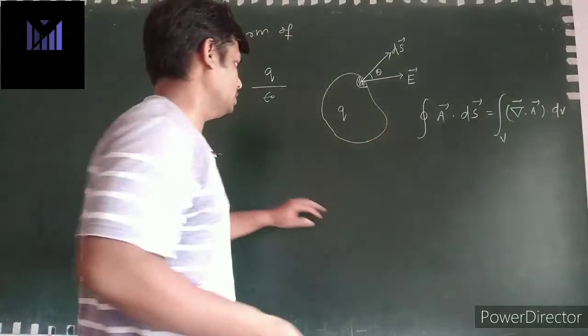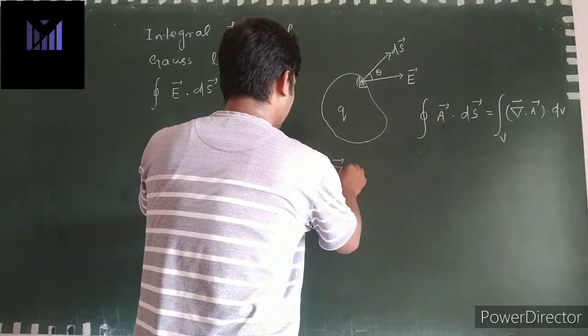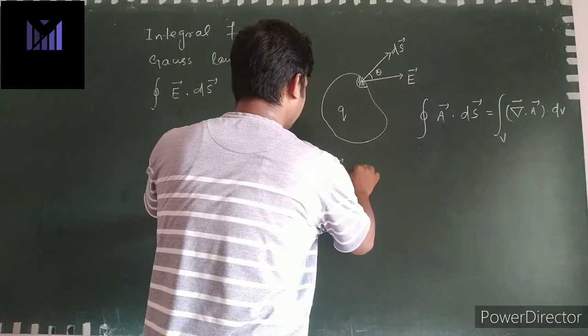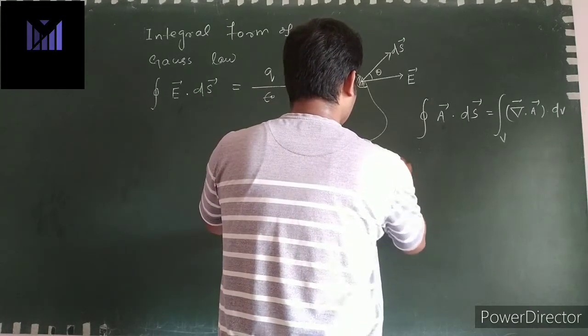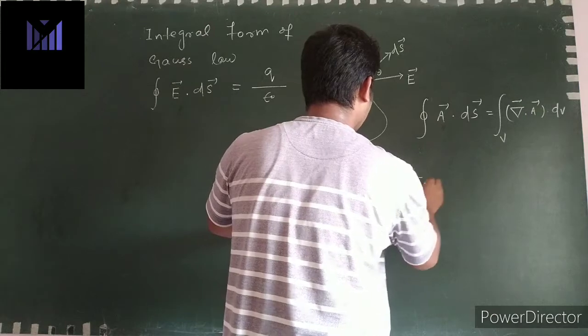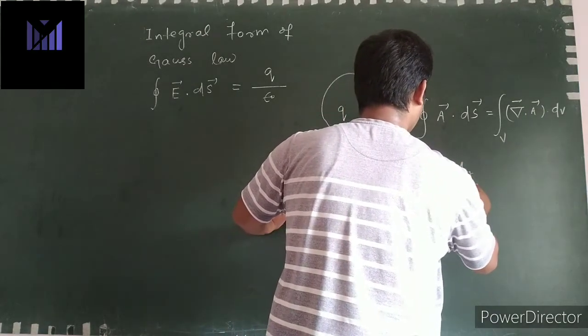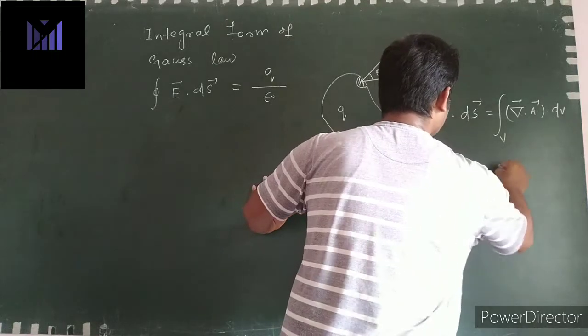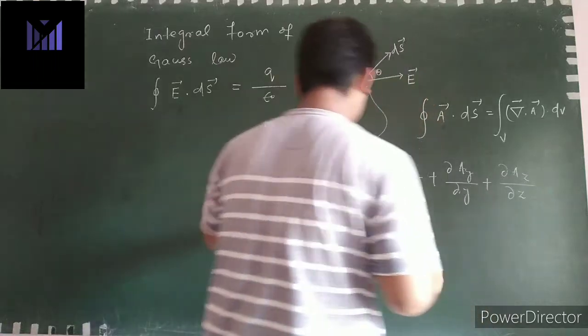And this divergence is given by del dot A, that is, del Ax by del x plus del Ay by del y plus del Az by del z.